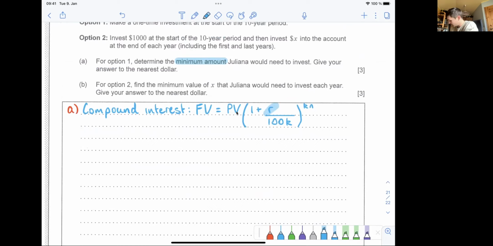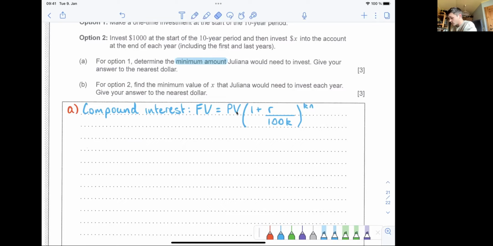So if the interest rate is 6%, you put 6 in here. Dividing by 100 is what converts that percentage into a decimal, so you don't have to worry about converting the interest rate; the formula does that for you.